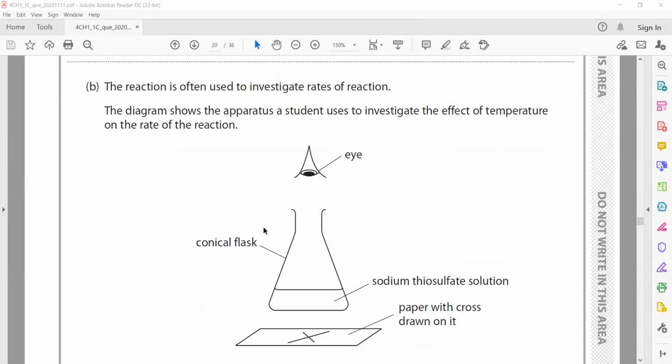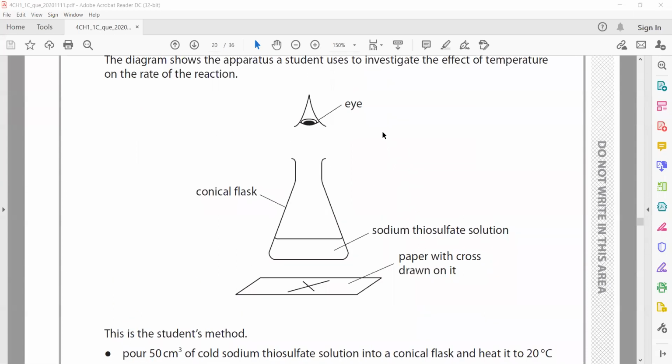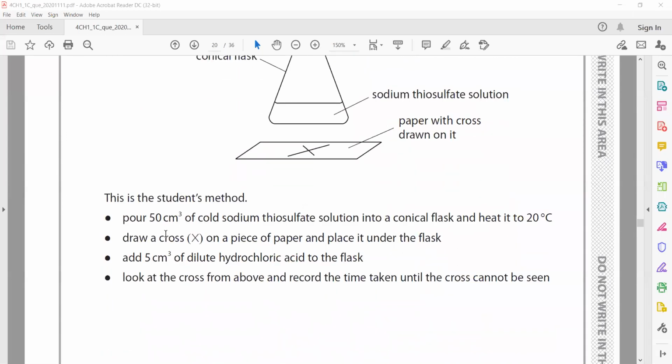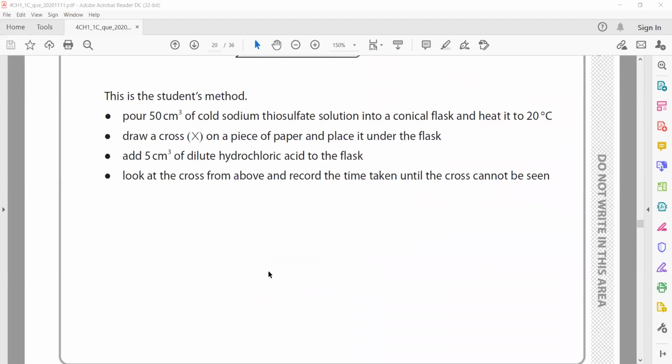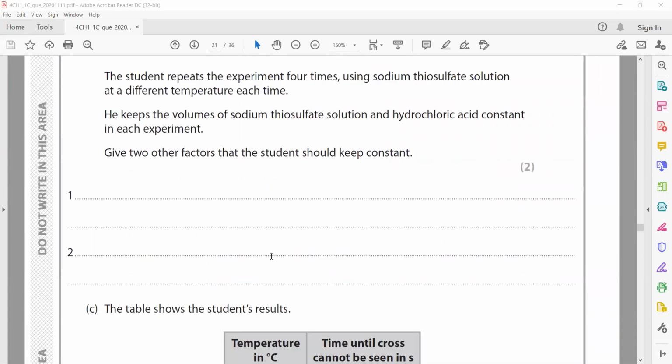The diagram is often used, so you can clearly see this question is related to ATP, what you are taking as paper 6, alternative to practical. The diagram shows the apparatus a student uses to investigate the effect of temperature on the rate of the reaction. Student pours 50 cm cube of cold sodium thiosulfate. He puts a cross, then adds 5 cm cube and looks at the cross and records the time it will take.